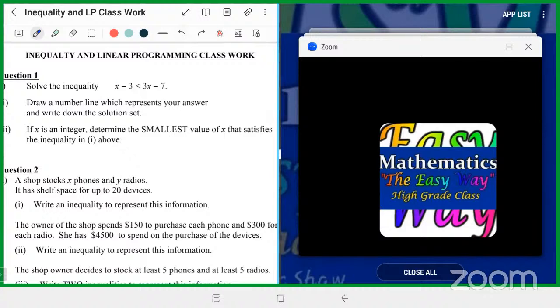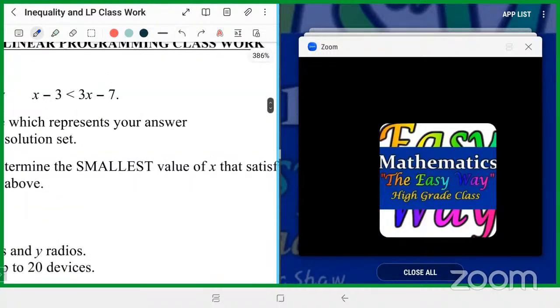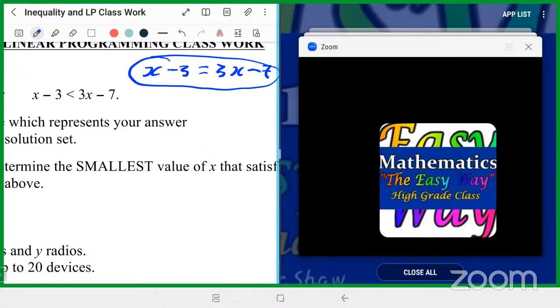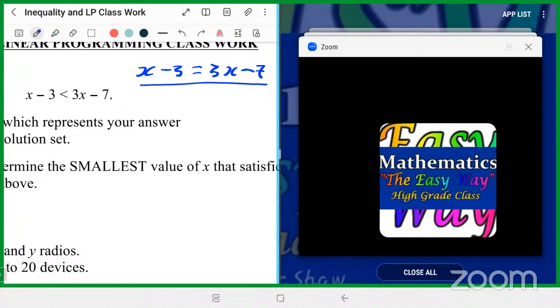Solving a simple linear inequality like this is almost the same as solving an equation, x minus 3 equals 3x minus 7. The steps involved in making X a subject are basically the same.